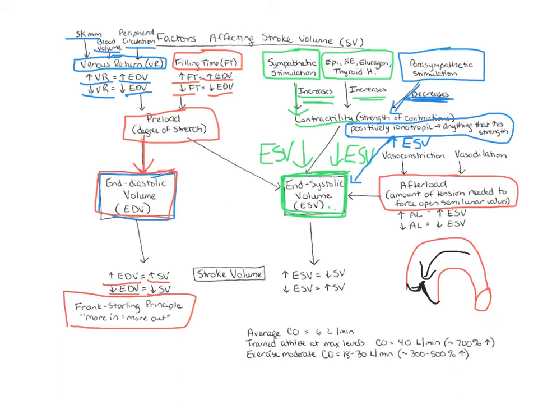So afterload is how much tension is needed to force open that semilunar valve. Anything that increases that afterload, increases the amount of pressure that's needed to open that valve, is going to increase the end systolic volume. Anything that decreases the afterload is going to decrease the end systolic volume.